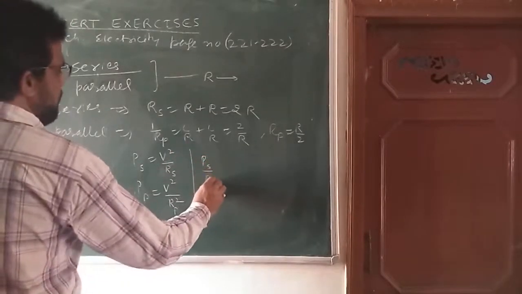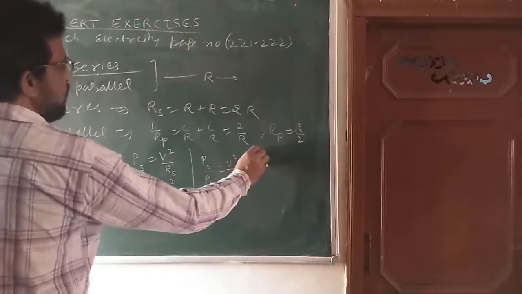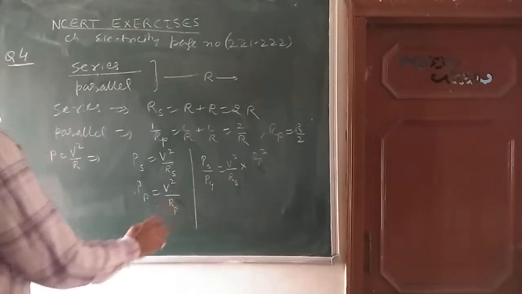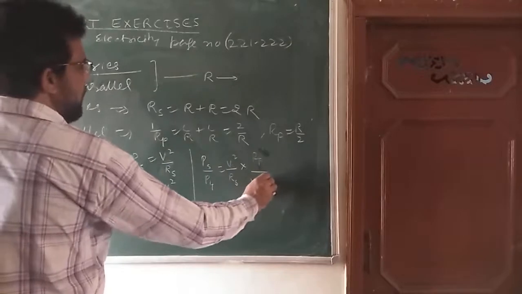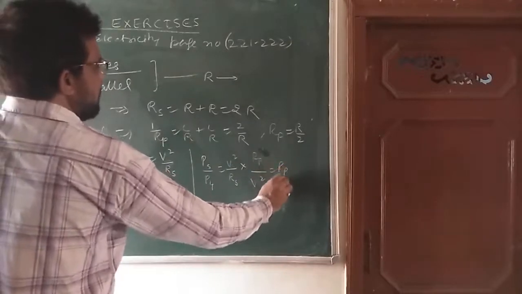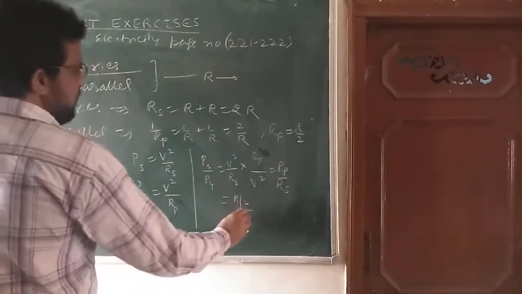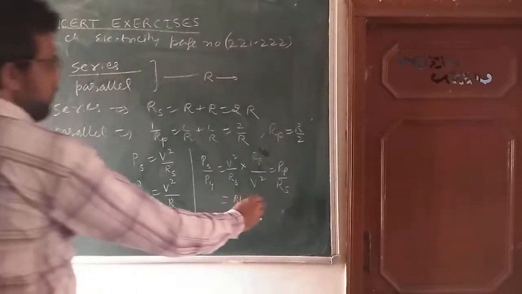PS by PP is V square by RS divided by V square by RP. So this is RP by RS. RP is equal to R by 2 and RS is 2R. Then you are getting here 1 by 4 only.